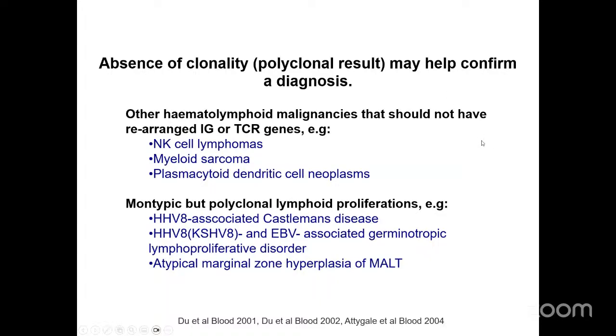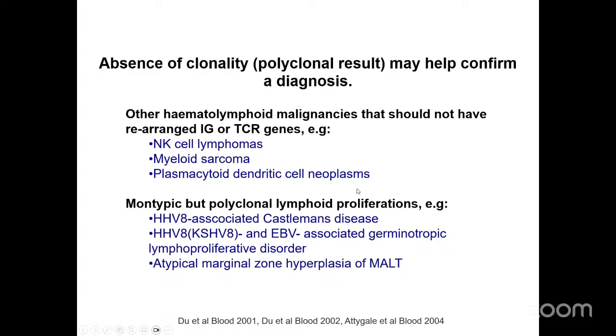However, while the absence of clonality may suggest that this is not a malignant disease, it does not always mean that it is not a lymphoma. There are certain hematologic neoplasms that one does not expect to have rearranged immunoglobulin or T cell receptor genes, for example, NK cell lymphomas, myeloid sarcomas, and plasmacytoid dendritic cell neoplasm.